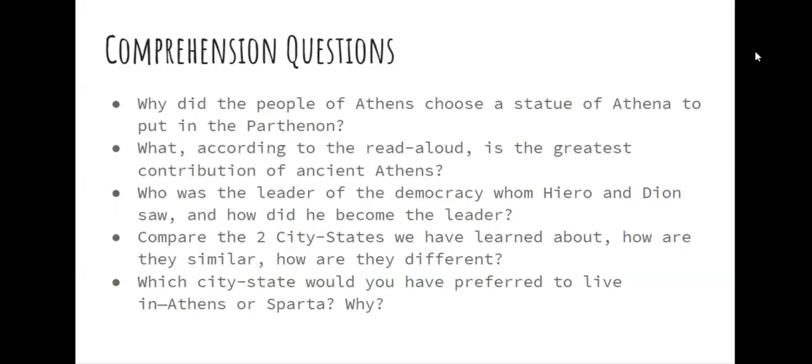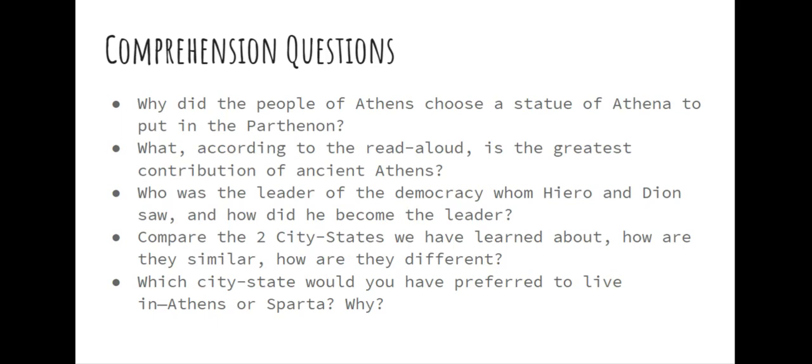So at the beginning of the read aloud, Hero and Diane were walking around and they saw the Parthenon, this very beautiful building. And inside that building was this big golden statue of Athena. Why did the people of Athens choose a statue of Athena to put in this beautiful building, the Parthenon?